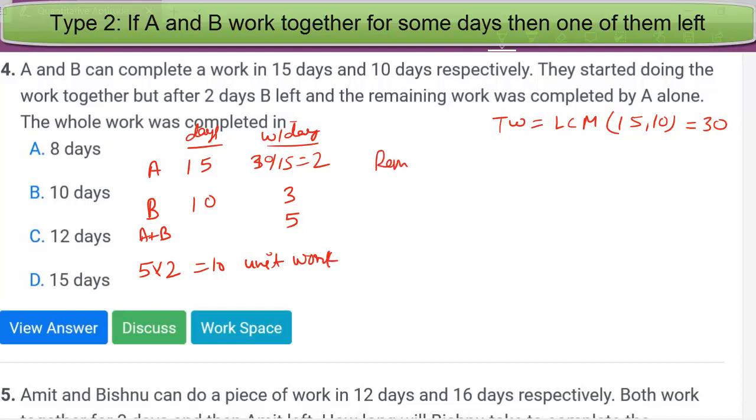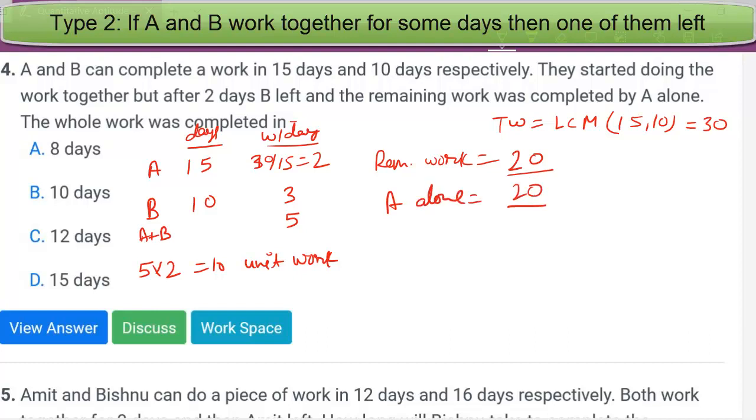So out of 30, 10 is done, so 30 minus 10, that means 20 is remaining, and this remaining work has to be completed by A alone, since B has left.